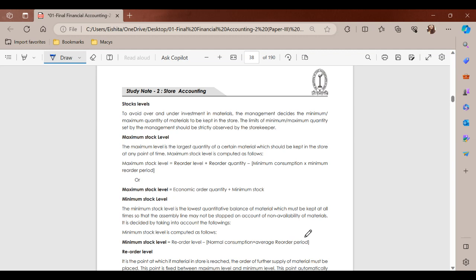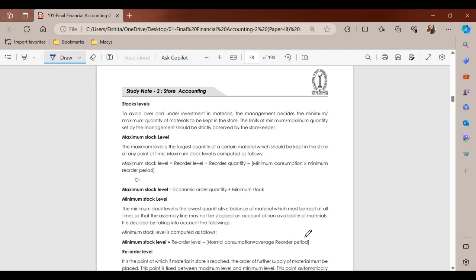So when ordering cost and carrying cost are balanced, that is called the right inventory, just in time inventory. Okay, the JIT approach. So we'll study what is minimum stock and maximum stock, and there are some formulas which are also there. We'll study them.